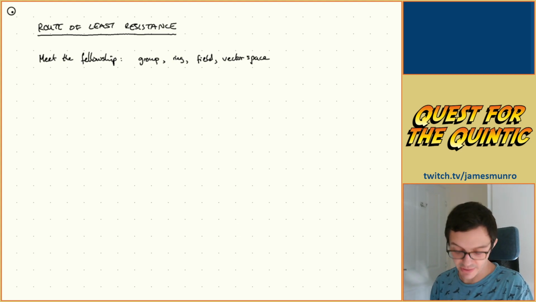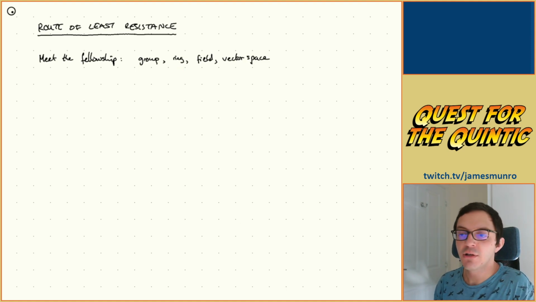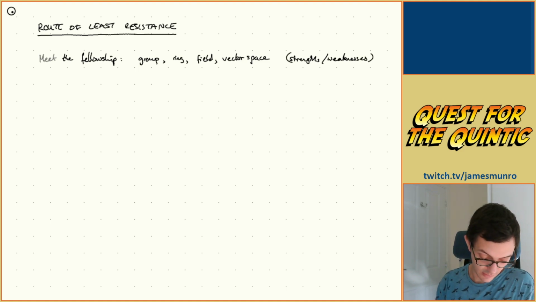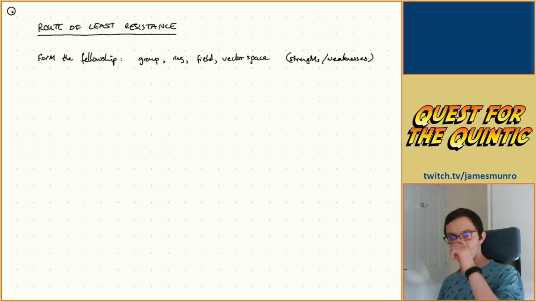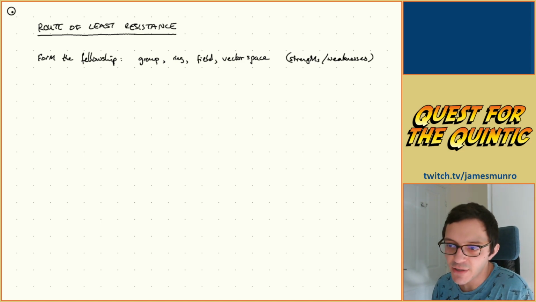I suppose we've got polynomial rings. They're very important. So you throw in some examples as well, and you try and get the characteristics of what these things are like. They're kind of like strengths and weaknesses. It's not quite meet the fellowship, it's more like form the fellowship or something. Fellowship of the Ring. These characters are kind of different. I've been describing the group theory as elves all along, and the fields are almost too perfect.